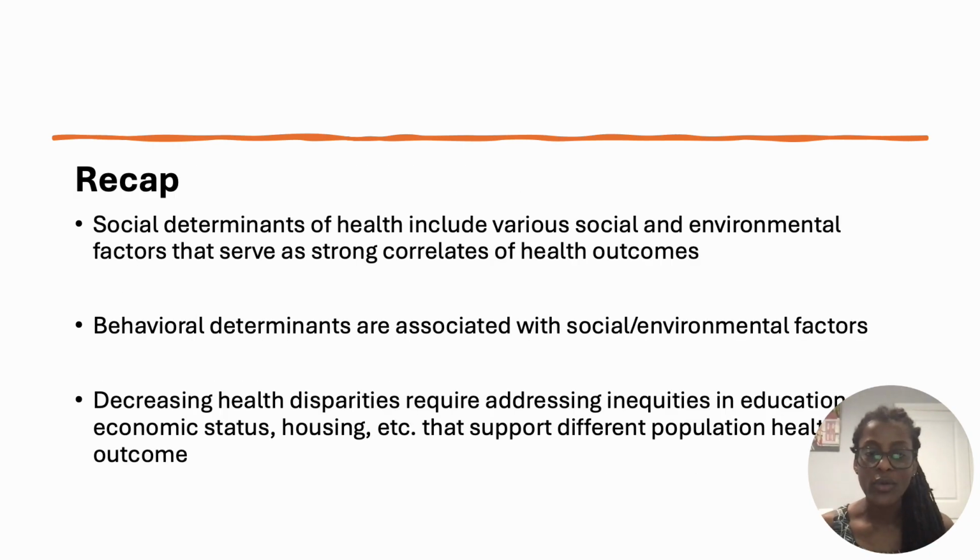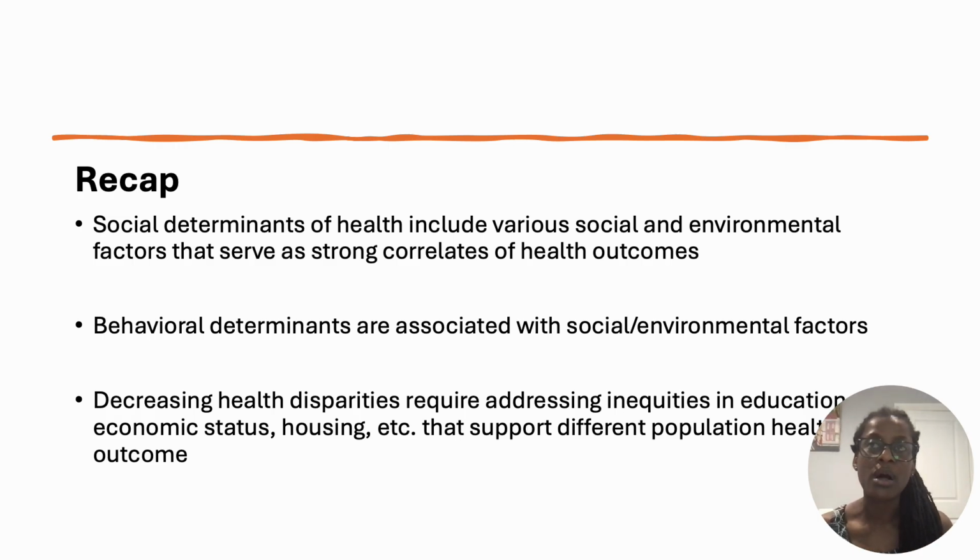So a recap for this lecture. We covered social determinants of health, and looked at social environmental factors that are strong correlates of health outcomes. I provided some examples of behavioral determinants and how they're related with the social environmental factors.